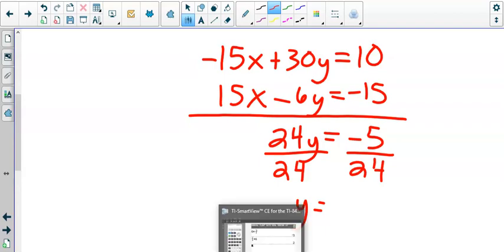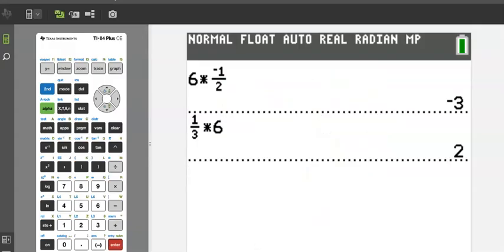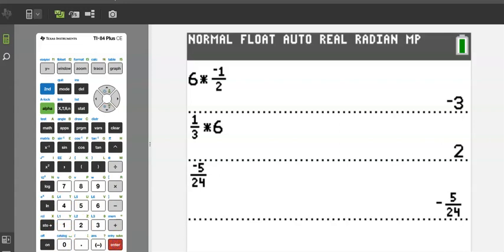So if we go to our calculator, we just want to know, does that division that we did reduce? So all division is just a fraction. So put in that negative 5 over 24, hit enter, and that is a reduced fraction right over there for the answer. So in other words, it was reduced. That is our y value.